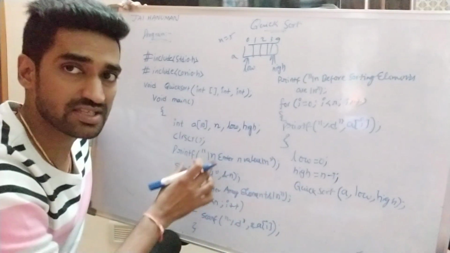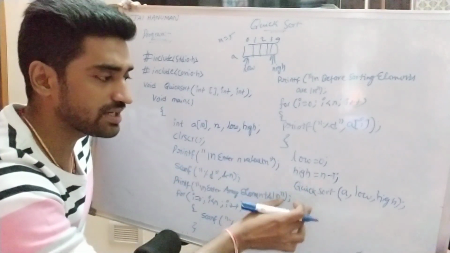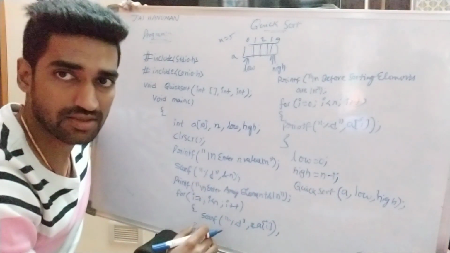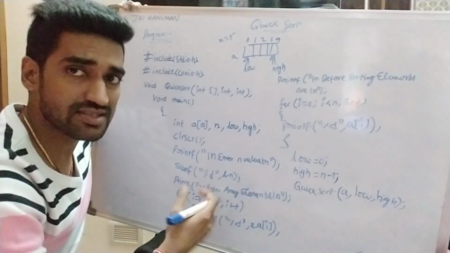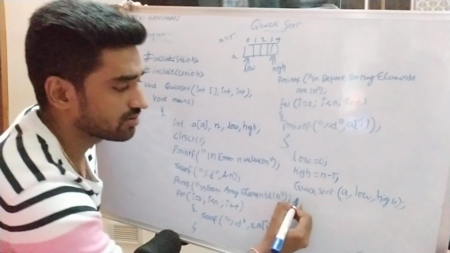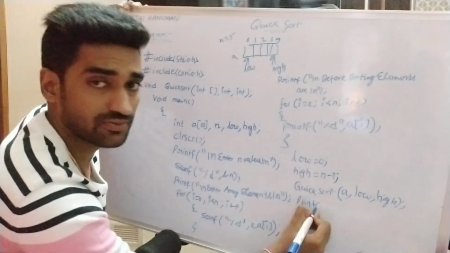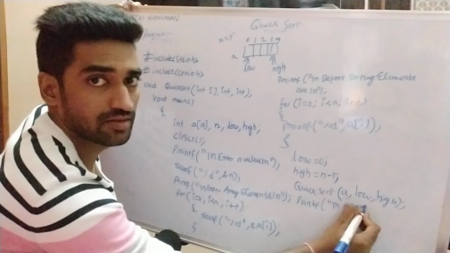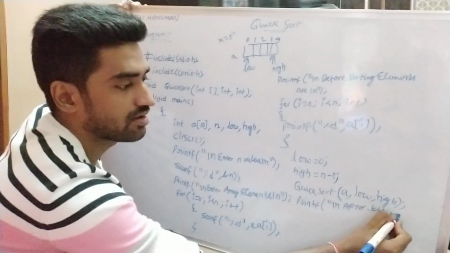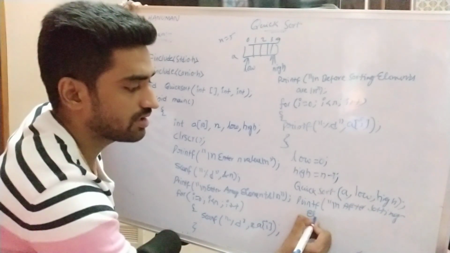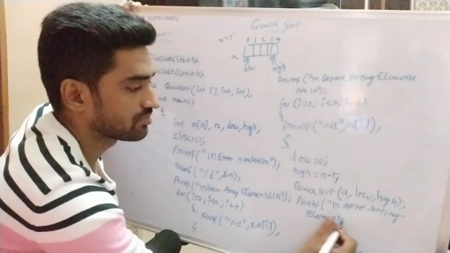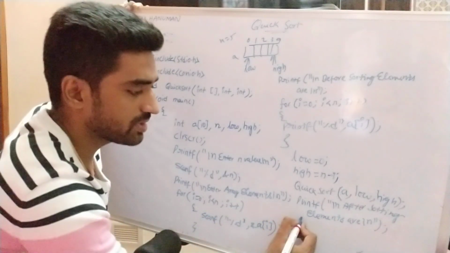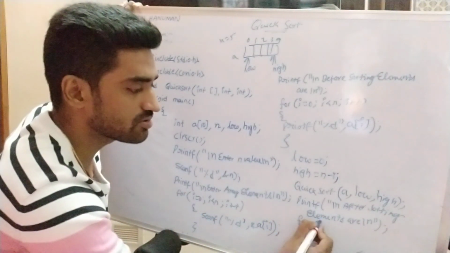So after the entire process has been completed, we can print all the elements after sorting. Here we are also performing the same operation repetitively, right? So for that purpose, I am considering the for loop. Here I am writing printf, after sorting elements are, and we are printing all the elements using the for loop.